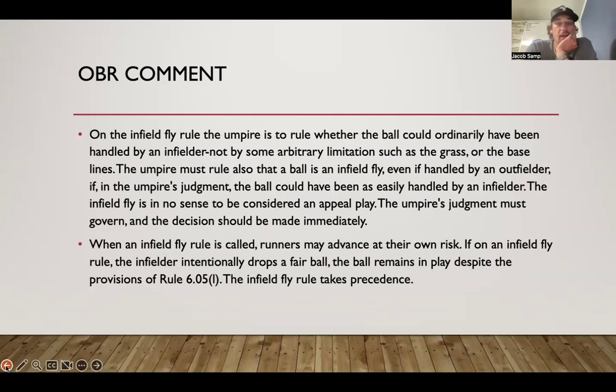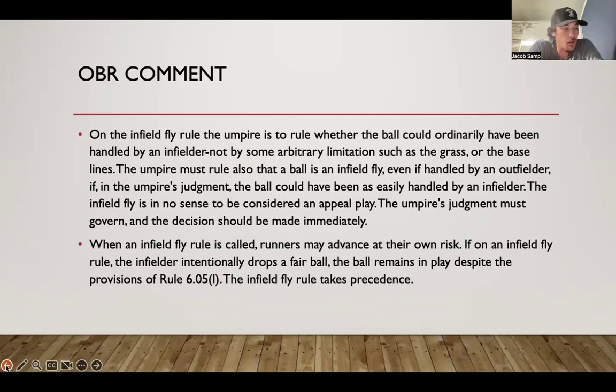We don't need to care about if the ball was caught in the infield grass, on the dirt, or by an outfielder. The judgment is simply, could the ball have been easily handled by an infielder? And it's not an appeal play. It says the umpire's judgment must govern and the decision should be made immediately.